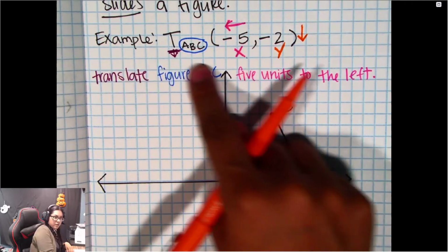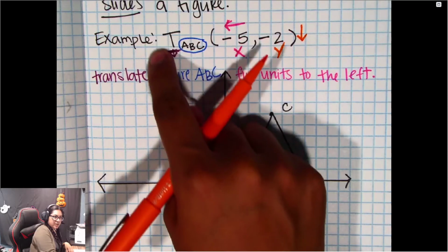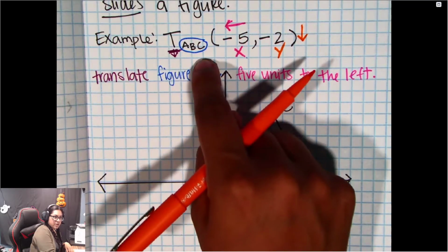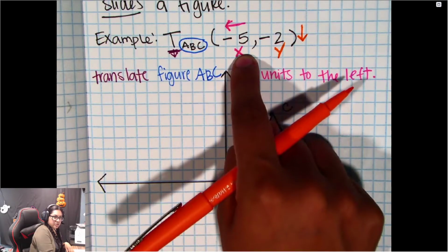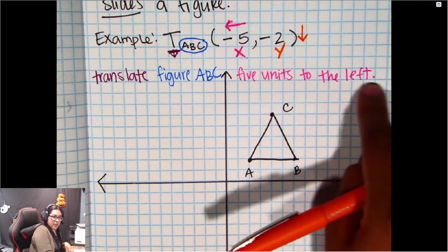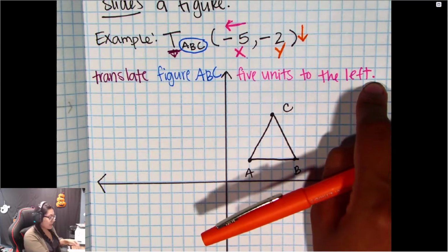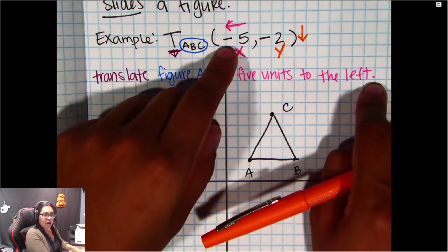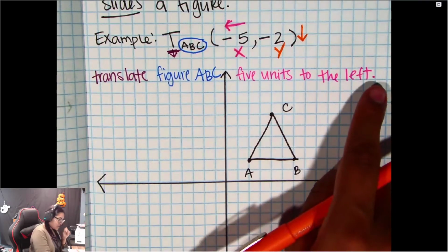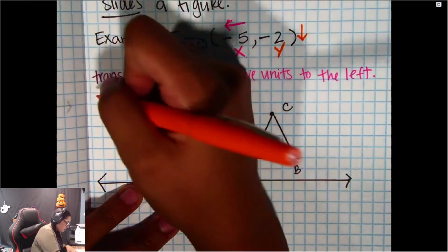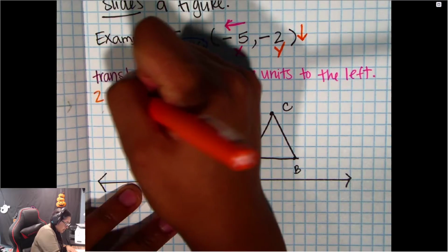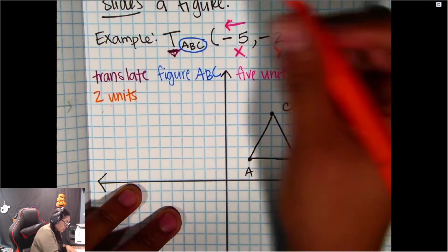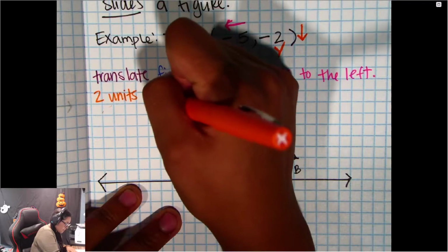So all of this notation is really just telling us translate figure ABC 5 units to the left. And we went to the left because that's negative, right? And then after you translate 5 units to the left, you're going to move 2 units right. Oh, just kidding. 2 units down. Don't listen to me.